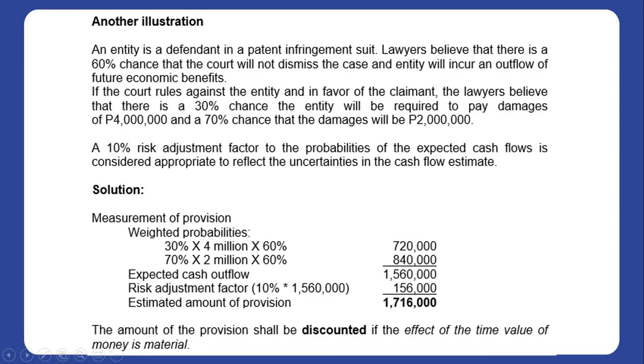Meaning, it will increase. Your expected cash outflow will increase further because of the associated risk, and the additional will be 10%. So, 10% of 1,560,000 is 156,000. Therefore, the total estimated amount of provision to be recognized is 1,716,000. Now, since this is a provision and this is a liability, this amount should be discounted if the effect of the time value of money is material.